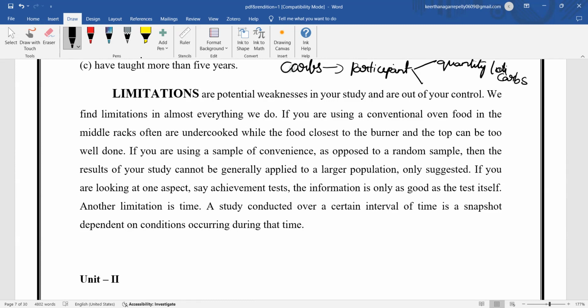You can control the carbs quantity, but you cannot control the digestion process.